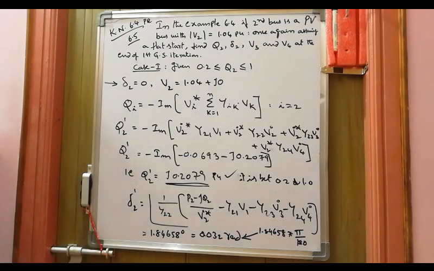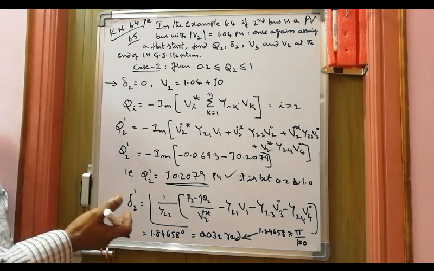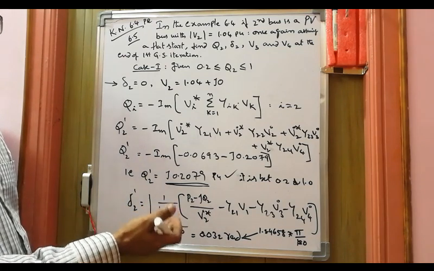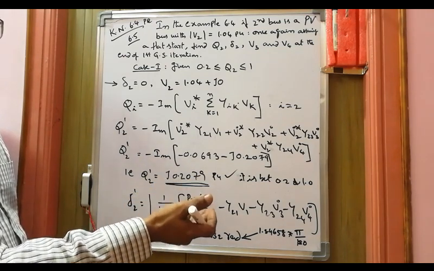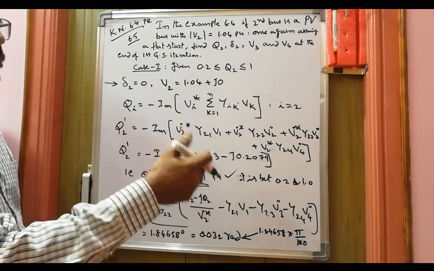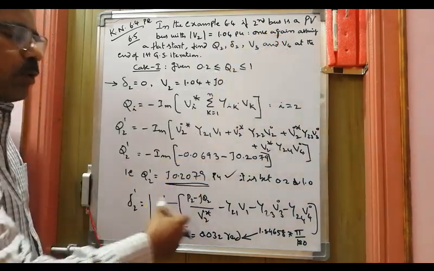Okay. Then V3 and V4. How do you get V3 and V4? V3 is 1 by Y33, (P3 minus jQ3) by V3 conjugate, minus Y31 V1, minus Y32 V2, the Y33 V3 term will be missing, minus Y34 V4. So that is V3. Likewise you can write V4.